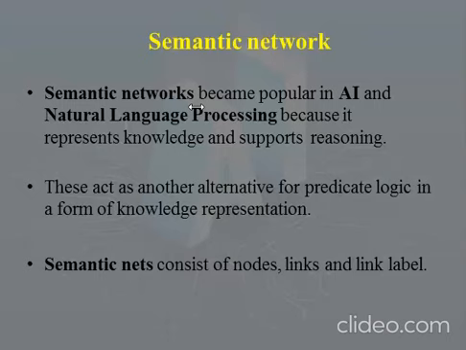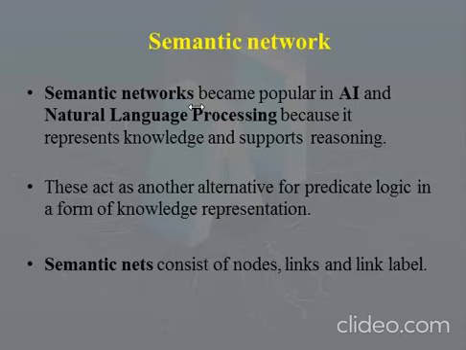They are widely used in knowledge representation. These act as an alternative to predicate logic. We can easily convert the values represented in predicate logic into their corresponding semantic net form.